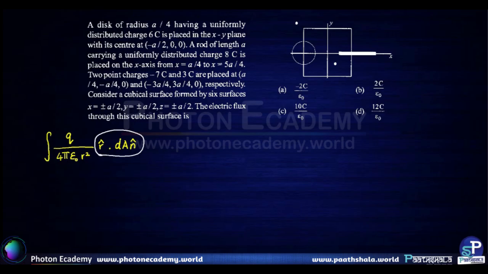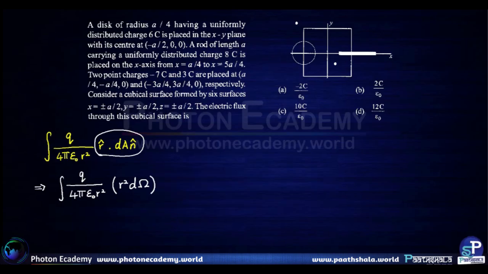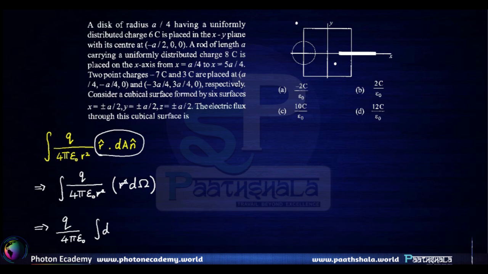This term can be rewritten as, we have the original q by 4 pi epsilon naught r square into r square times the solid angle subtended by the area at the point charge, and r square can cancel out and we have integral of q by 4 pi epsilon naught integral d capital omega, which is equal to q omega divided by 4 pi epsilon naught.